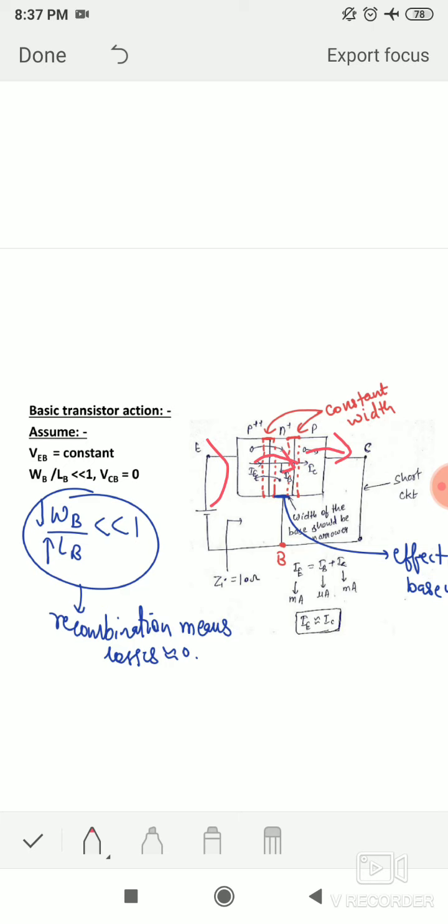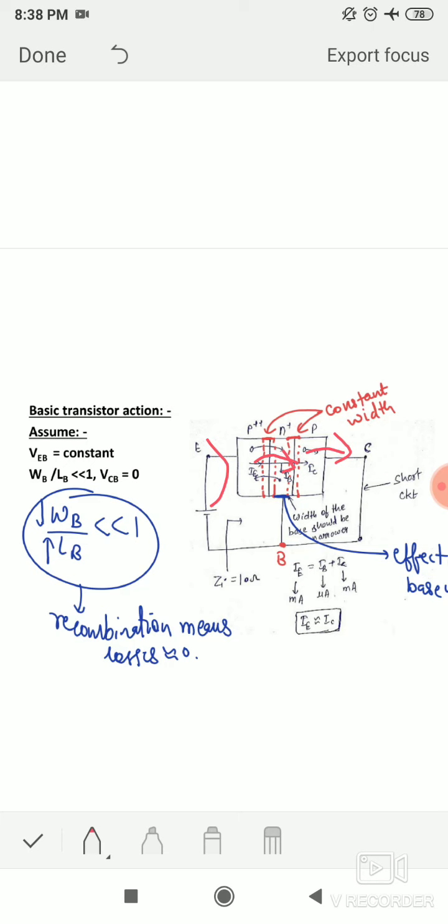The recombination process occurs between the holes and the majority carrier of the base. The base is N type, so the majority carrier is electron.